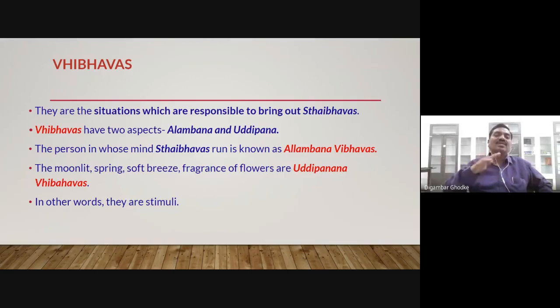Sthayi means permanent emotions are there, and one of the emotions is awakened. So that is alambana vibhavas, and then uddipana vibhavas means external things. When you see a beautiful flower, when you smell the fragrance, whatever feeling you have, that is uddipana vibhavas. So that is stimuli.